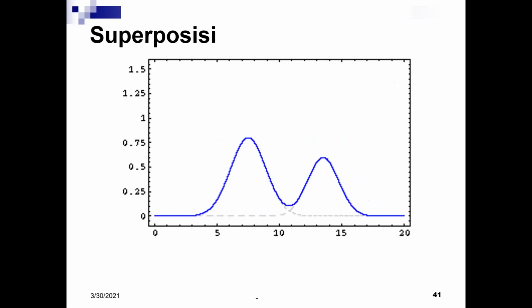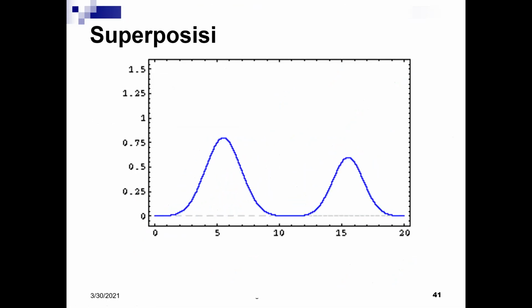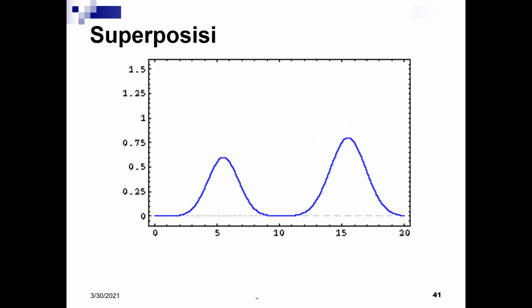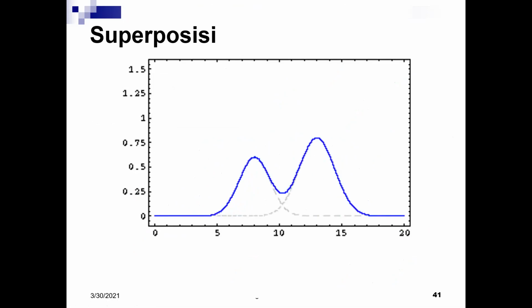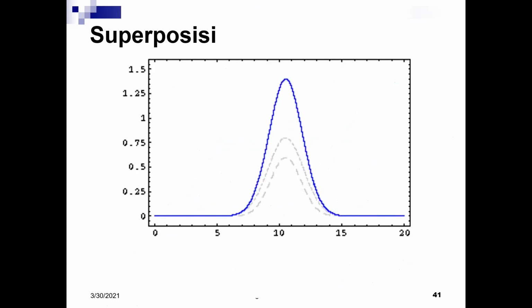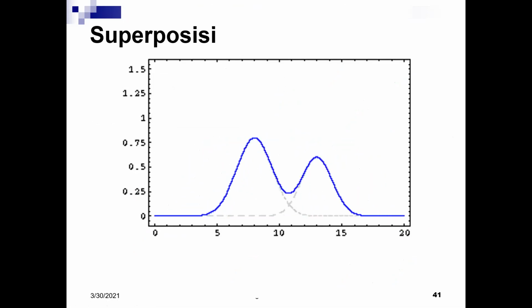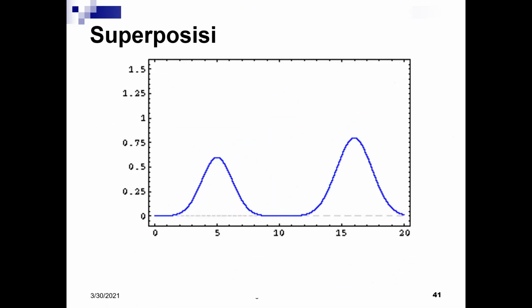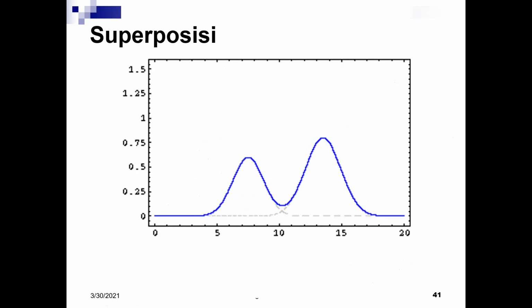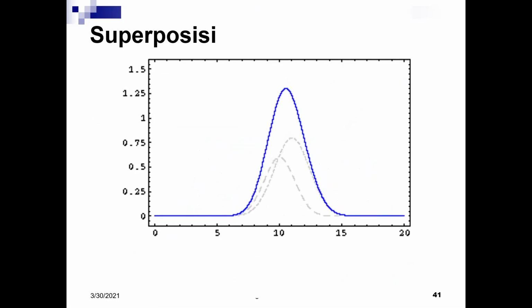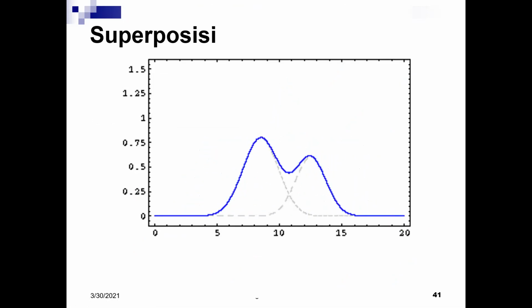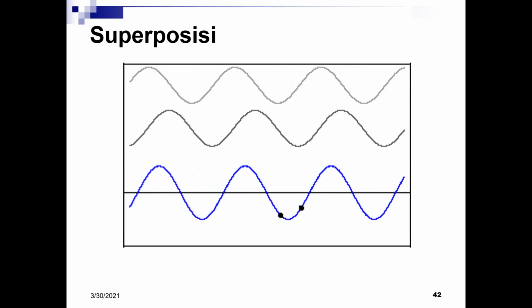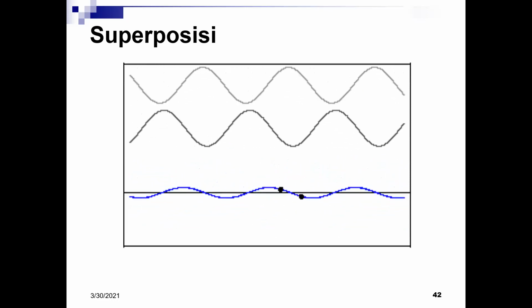So this is this example. The waves are two Gaussian wave pulses traveling on a string. The left-hand one moves from left to right, and the right one moves from right to left. And this is for sinusoidal waves.